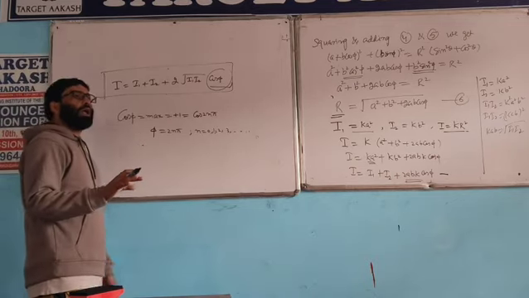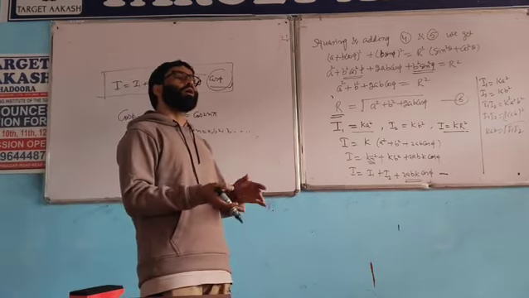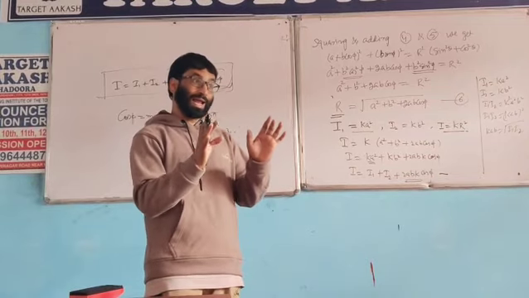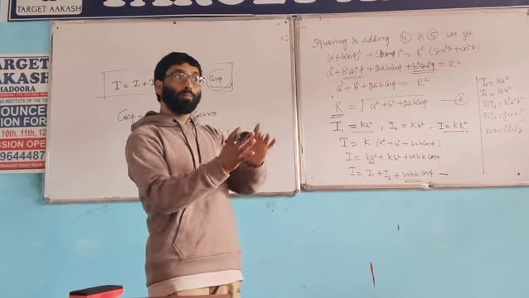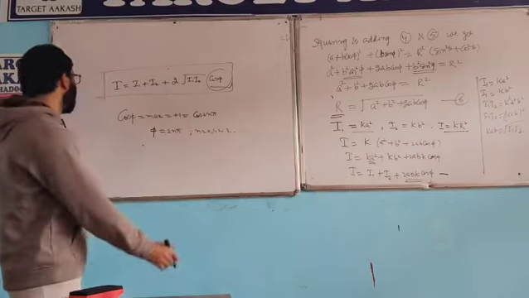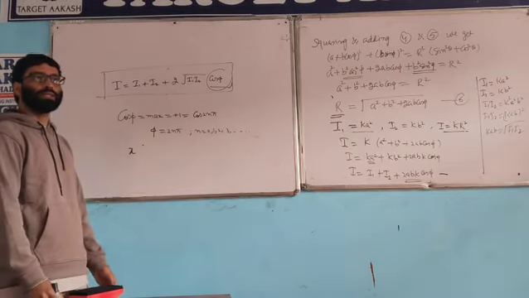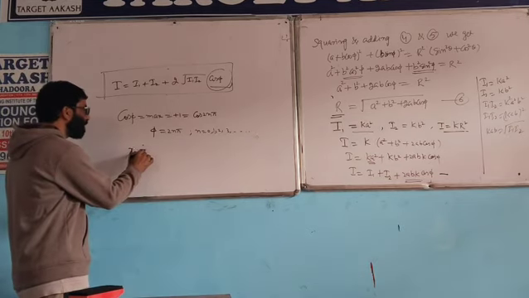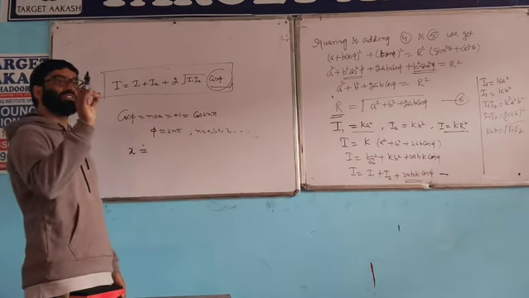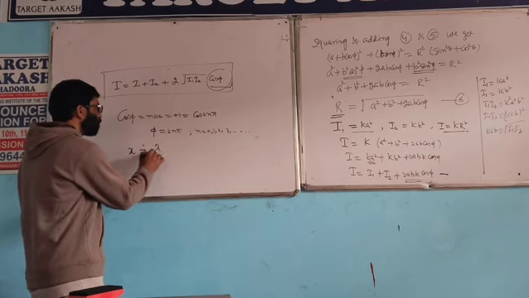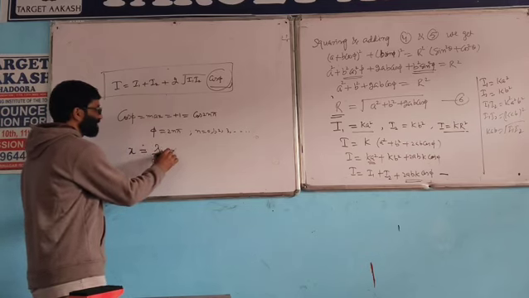Moreover, if we have to find the corresponding path difference between the two waves, if I denote the path difference by x, what is the relation between path difference and phase difference? That is lambda by 2 pi into phase difference.